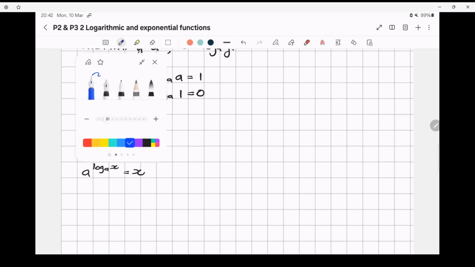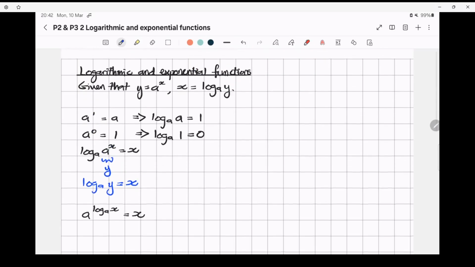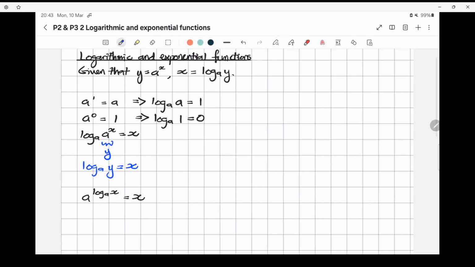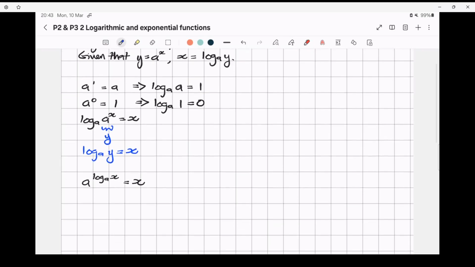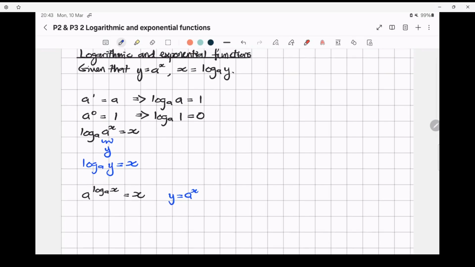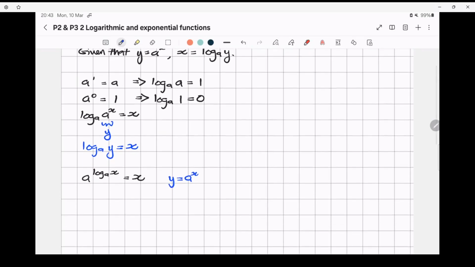You can see from the definition above that we start with y equals a to the power of x, and x is also log base a y.